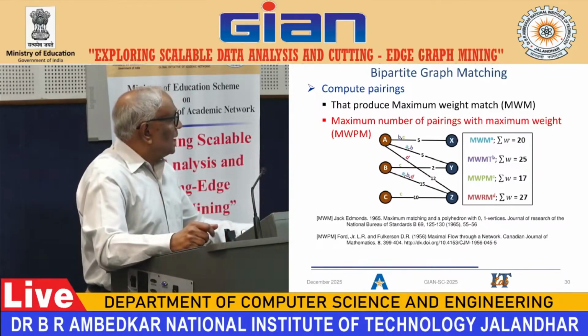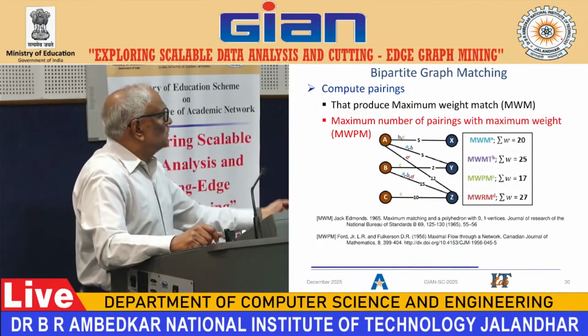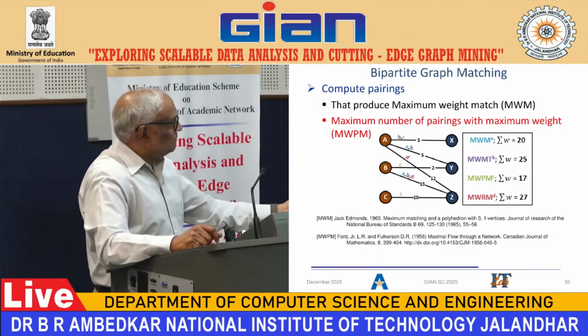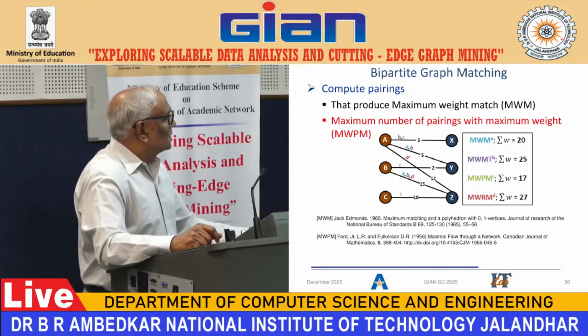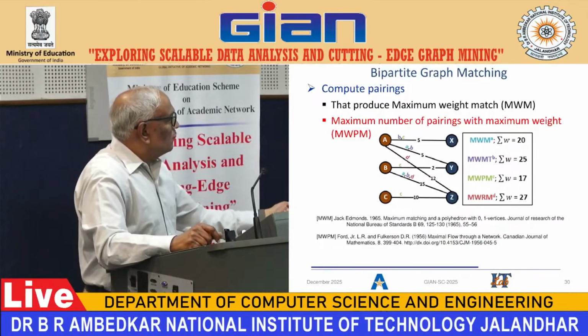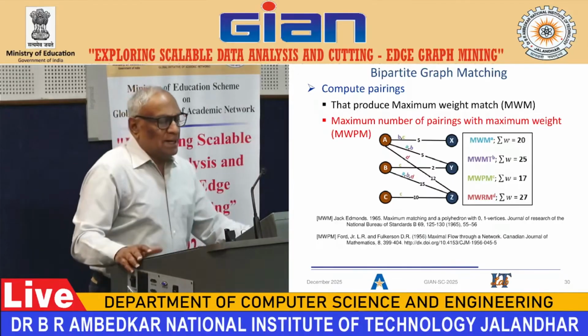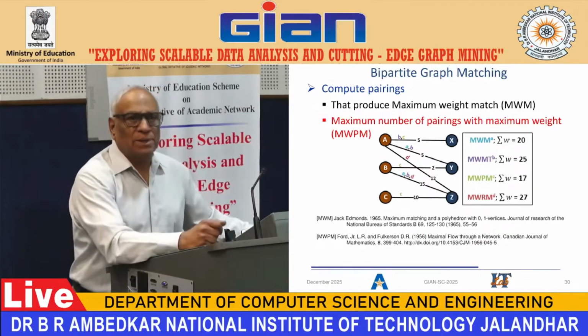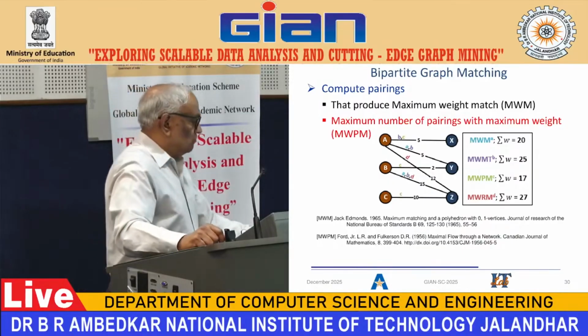That means A should be paired with Y, B should be paired with C. There are other ways of doing a maximum number of pairings with maximum weight. MWPM, MWRM. So there are different ways in which you can do this matching, and all of them have some meaning or semantics or relationship that is appropriate for what you want to do.